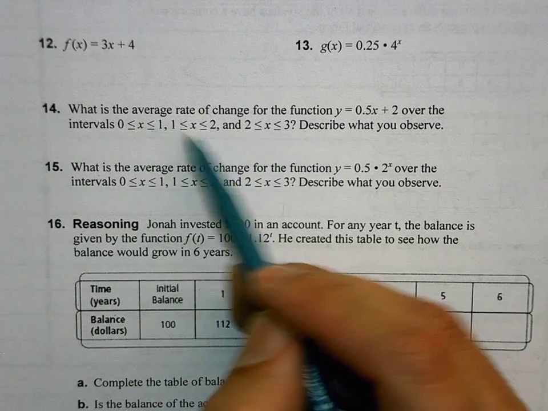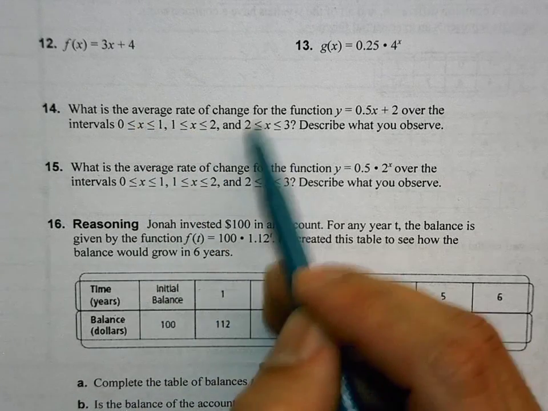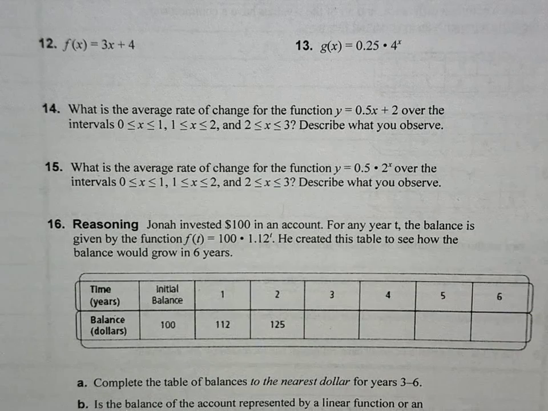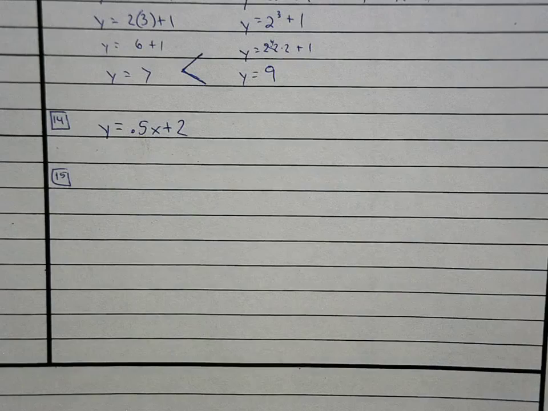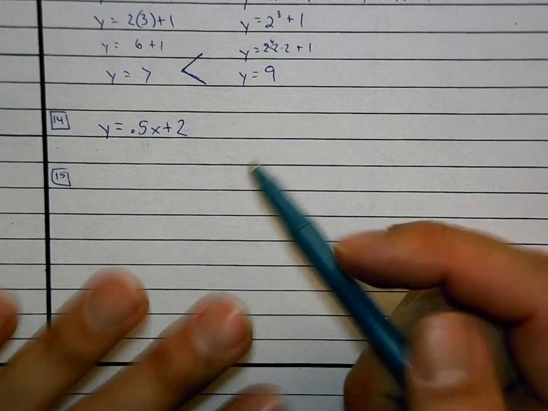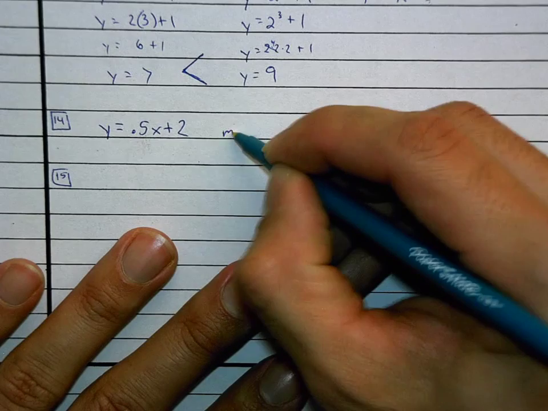What's the average rate of change here? And what's the average rate of change there? So I need to remind you of how to find the average rate of change. We've done it before, but maybe you didn't quite get it last time.